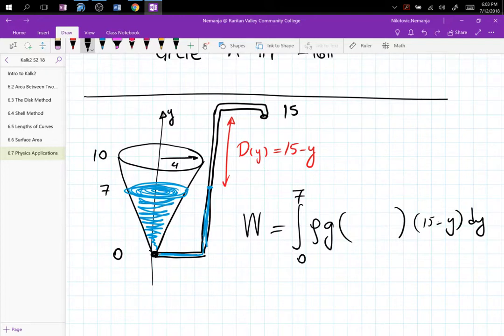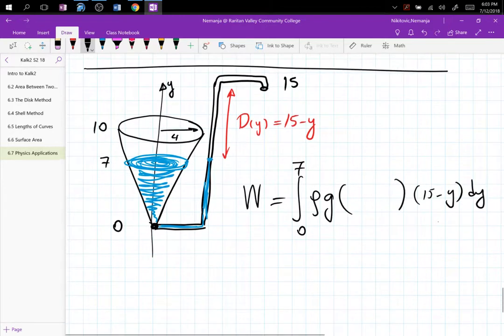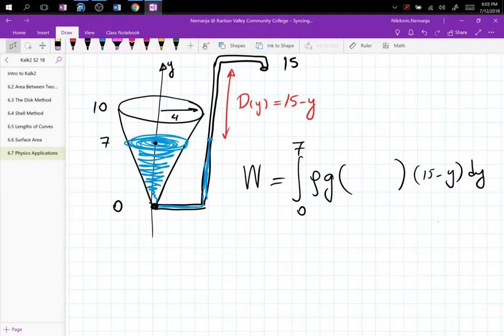And as you can see, as the height of the liquid is changing, the cross-sectional area is changing. So the more you're draining, the less and less area you have. So now I need to figure out this area here. Now the area of the circle is given by radius squared times pi.